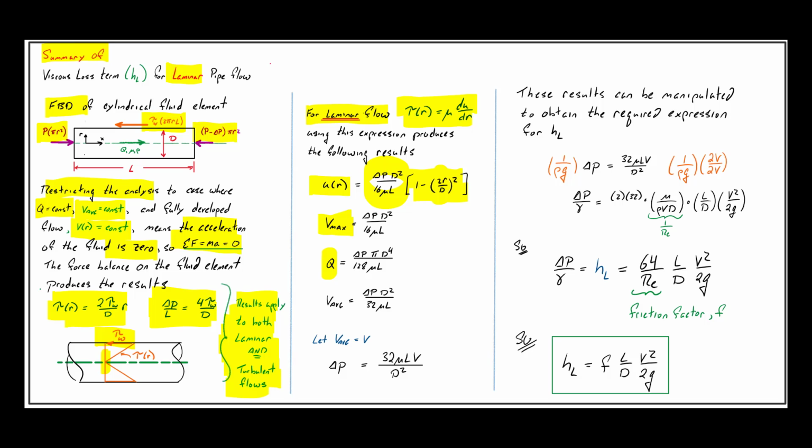And then finally, the average velocity. So the average velocity is half of the maximum velocity. You can see that here. One is 16 and one is 32. And then for the rest of the discussion, whenever we write V, we'll just assume that it is the average velocity.